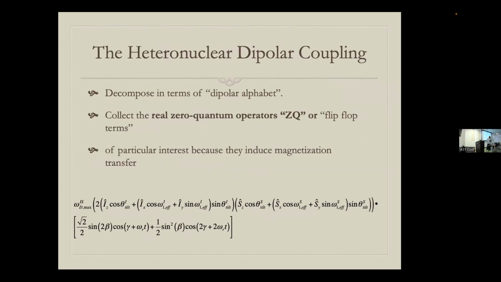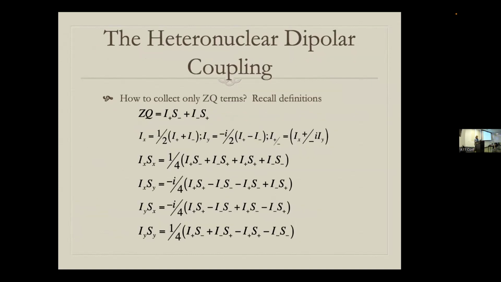These are all real expressions, IX, IY, SX, SY, but when we rewrite them to the double quantum and single quantum, you get real and imaginary parts, so that those operators have a phase associated with them or are written in complex numbers when you rewrite in terms of raising and lowering operators.